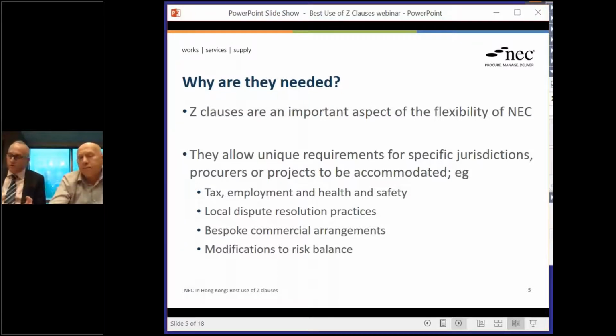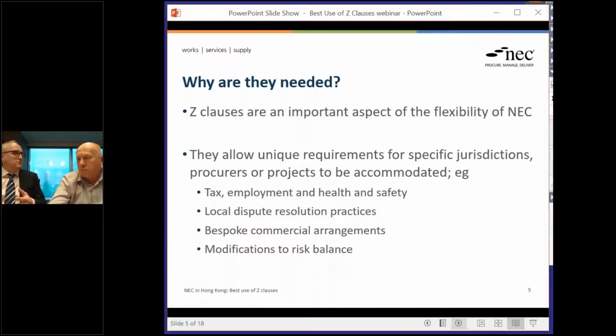And I guess, Rob, you know more about this than me, because you're involved in the production of NEC4, of course. But the things I'm thinking about are, for example, there are now provisions on anti-corruption and things of that nature in NEC4, which is an example of something which is sometimes dealt with through Z clauses.